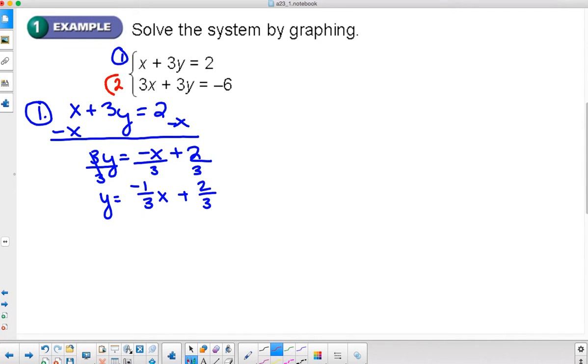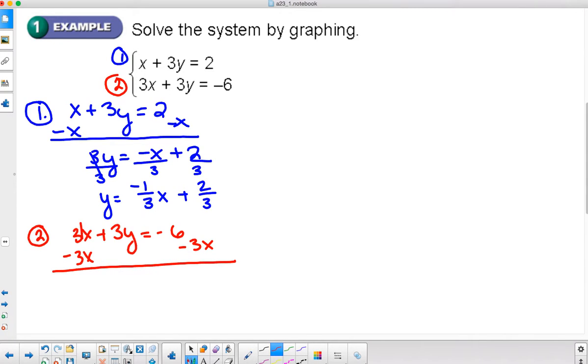Now let's take a look at the second equation. In this one, we have 3x plus 3y equals -6. So I'm going to subtract 3x from both sides again. And now we have 3y equals -3x minus 6.